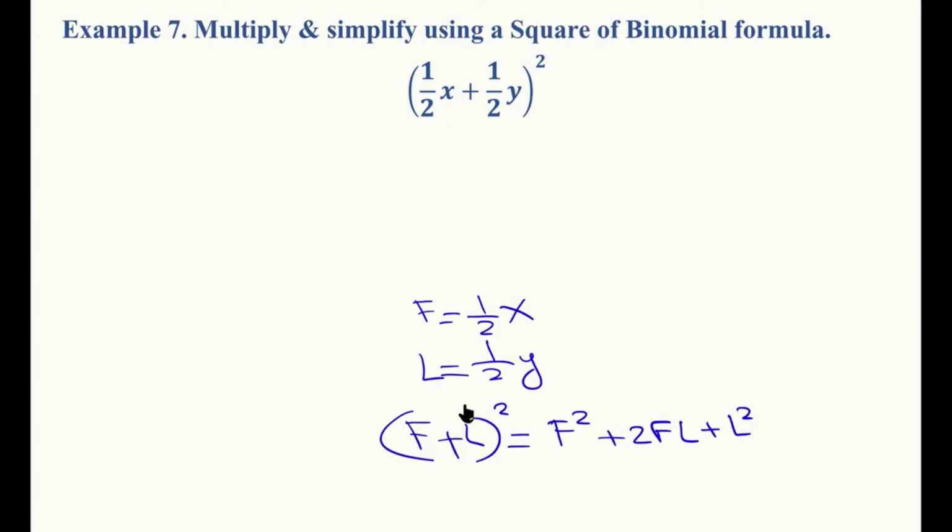So here, we're going to apply the formula using 1/2 x for f and 1/2 y for L. So we start with f squared, so that's going to be quantity 1/2 x squared. You may have noticed I use the word quantity. That's when you don't want to say open parentheses and then something and then close parentheses and then square.